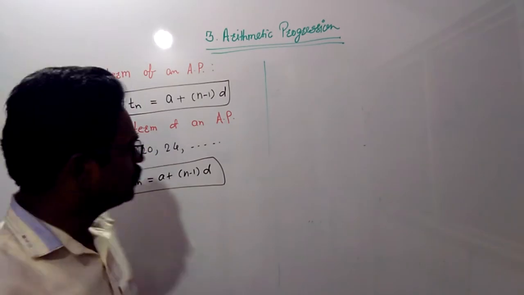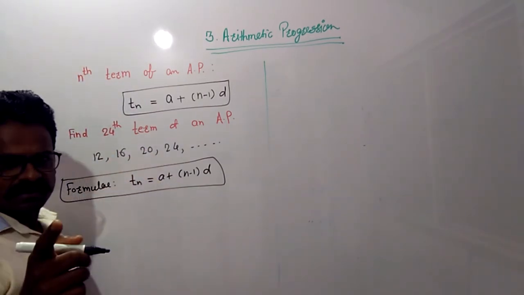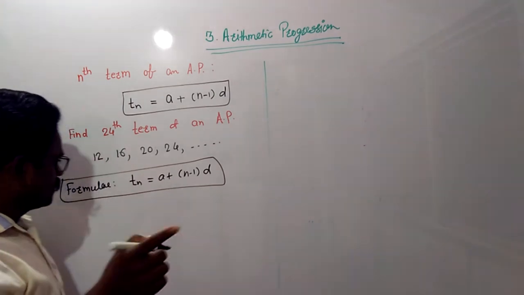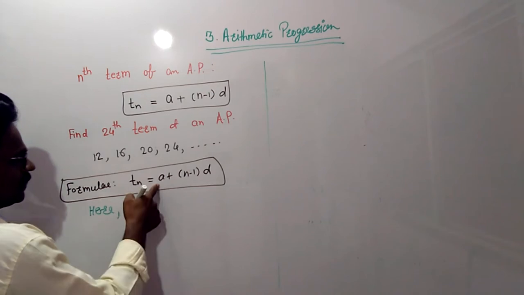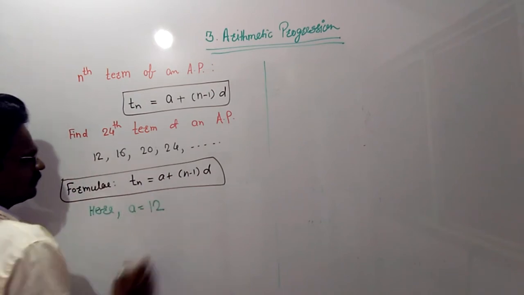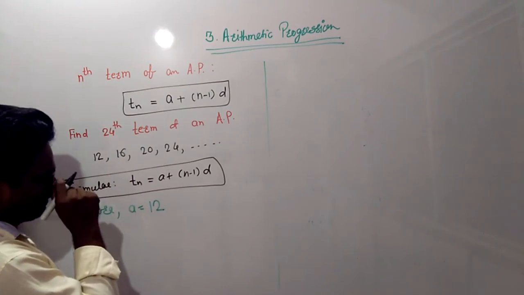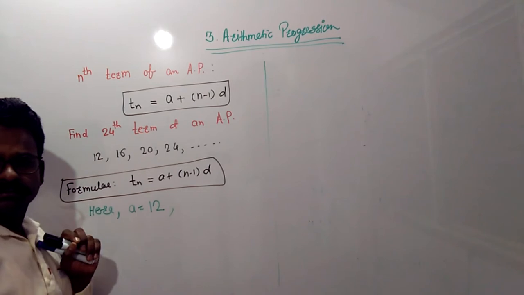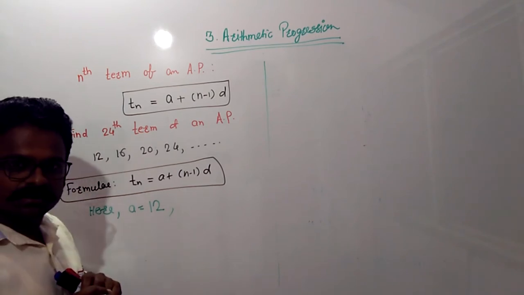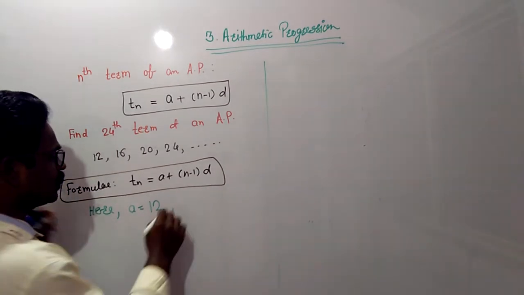So let's check. Is a there? A means the first term, which is 12. Is n there? Which term are you going to find out? The 24th, so n is equal to 24.